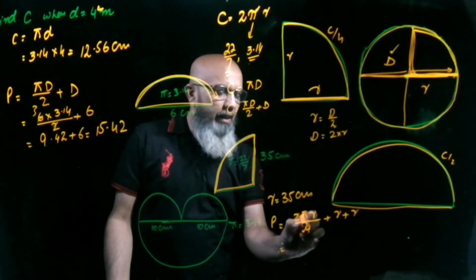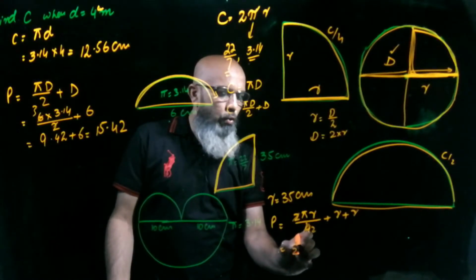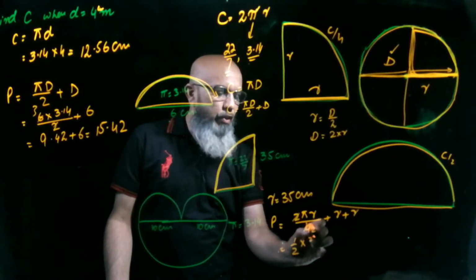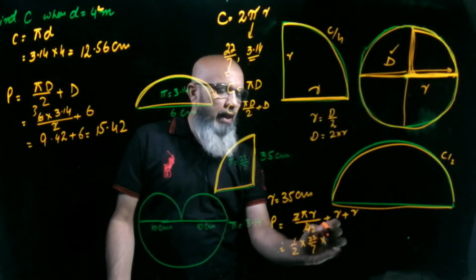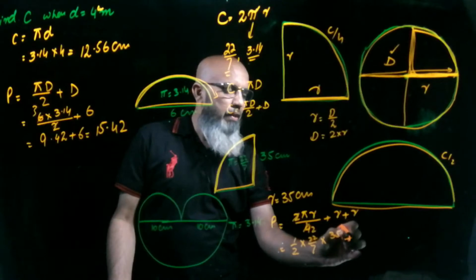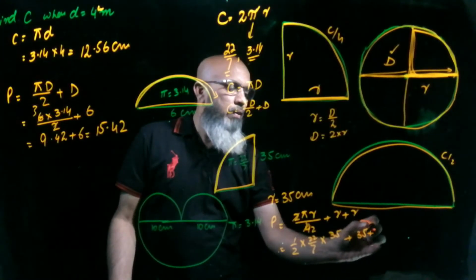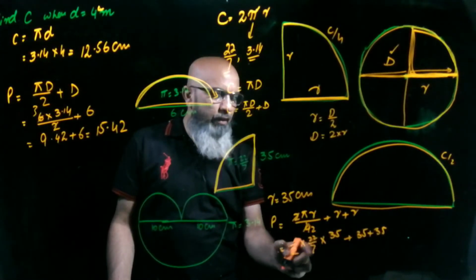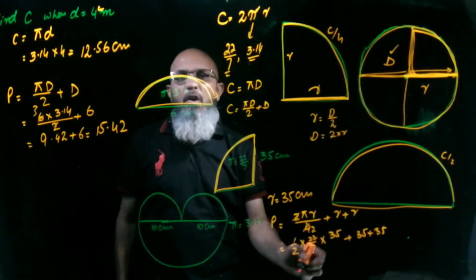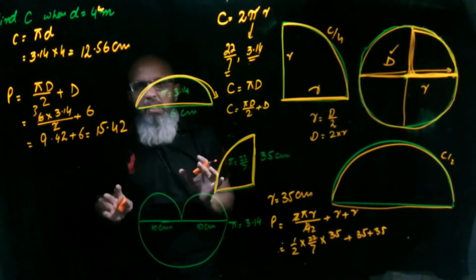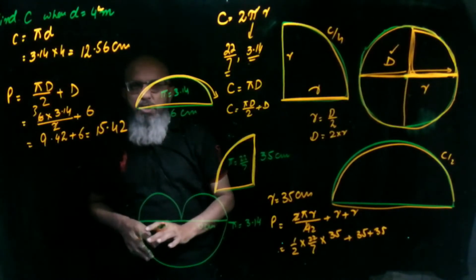So you can solve it now very easily. You can cut the 2, so 1 over 2. What is the value of pi? That is 22 over 7. And what is r? That is 35, plus 35, plus 35. First we will solve this one, then we can add all three values and we will get the perimeter of this shape.